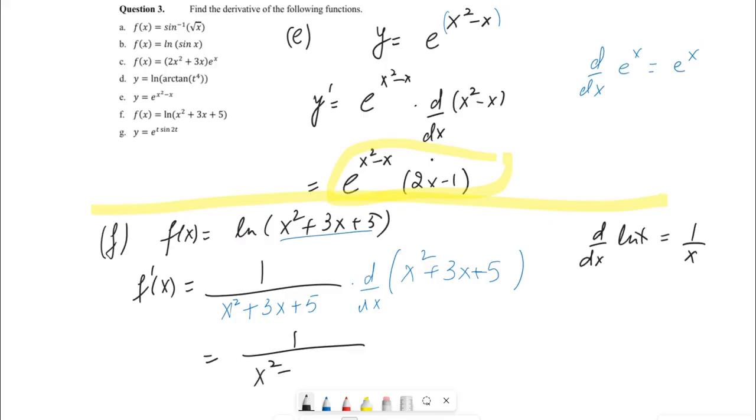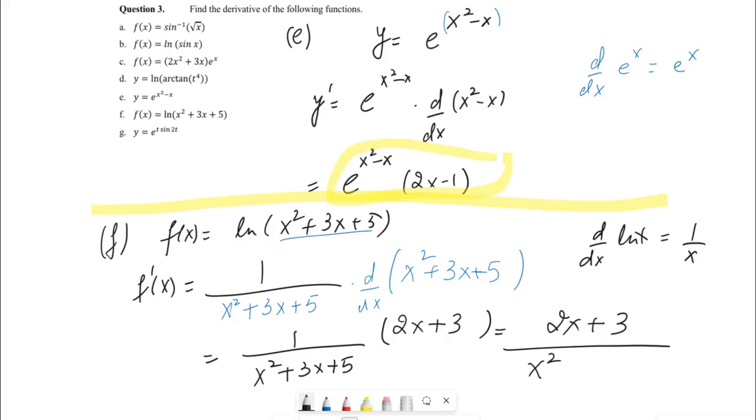The denominator stays as is because we already wrote that. The derivative of this is 2x plus 3. So the answer is 2x plus 3 divided by x squared plus 3x plus 5.